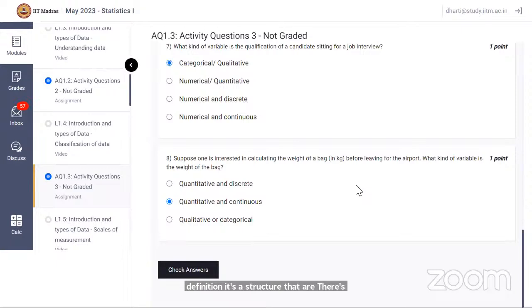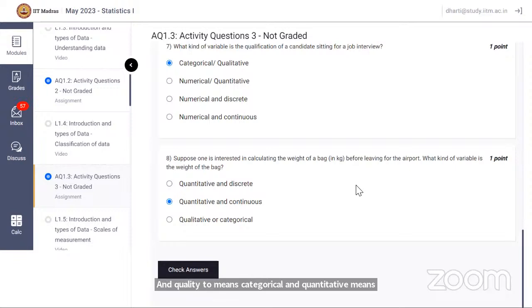So what's the doubt? Google says structured data is quantitative and unstructured data is qualitative. Okay, fine. When it comes to quantitative, statistically, when we have qualitative and quantitative as a partition, qualitative means categorical and quantitative means numerical, right?